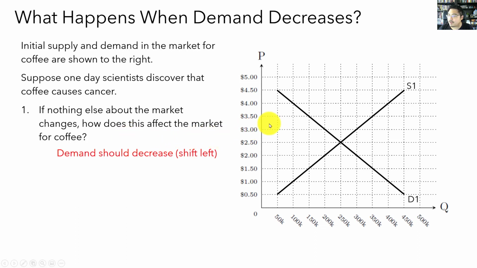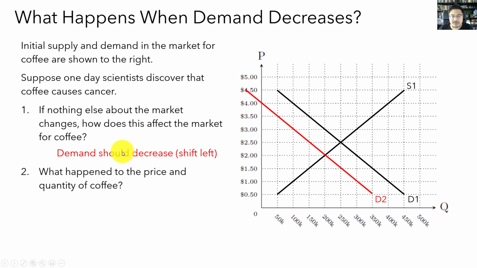And that means the demand curve is going to shift left like this. In this particular case, you can see that at each price level, the quantity demanded decreases by 100,000. So what does this do to the price and quantity of coffee?